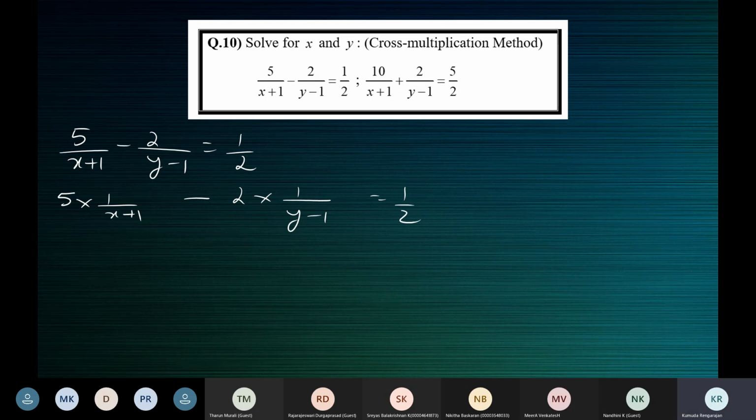This is fine, children? Yes, ma'am. 5 by x plus 1 is written as 5 into 1 by x plus 1. Two into 1 by y minus 1 is equal to 1 by 2.